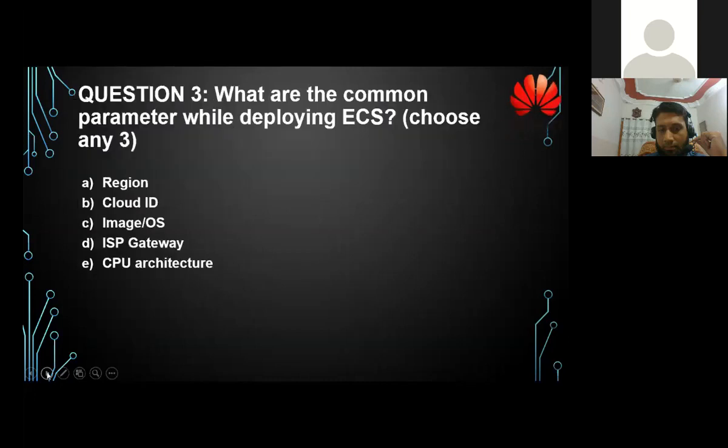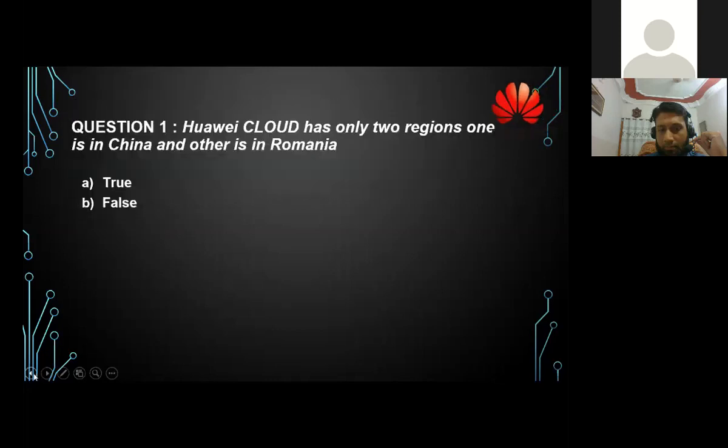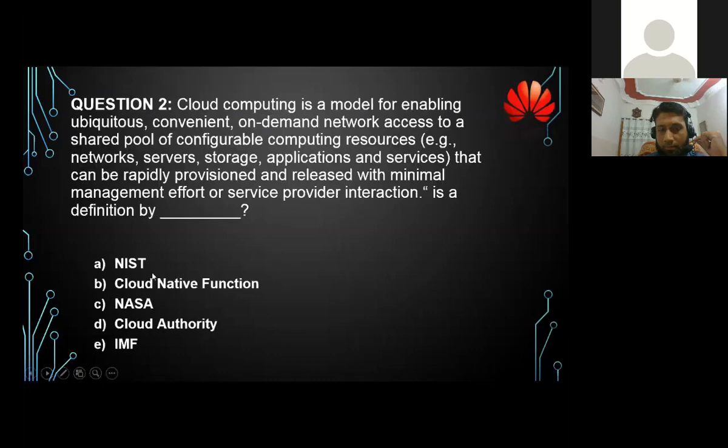Okay, I'll read it. So question number 1 is a very good and easy one. Huawei Cloud has only 2 regions: one is in China and the other one is in Romania. You need to select true or false. The second question is also very important.